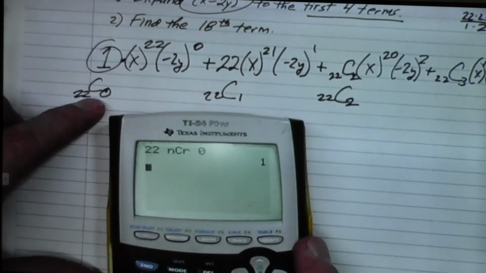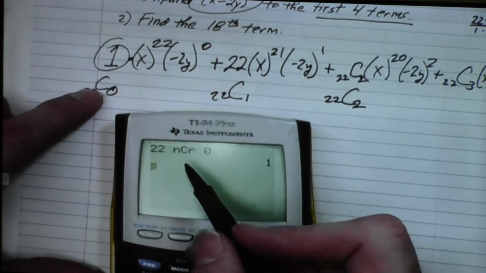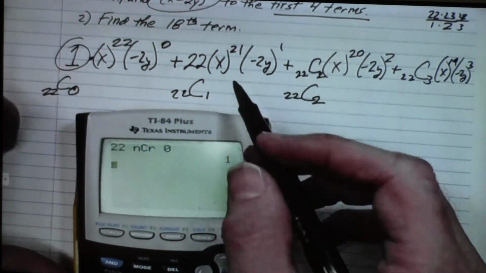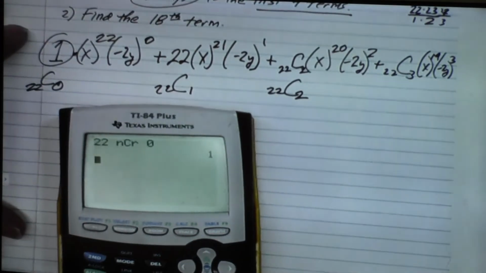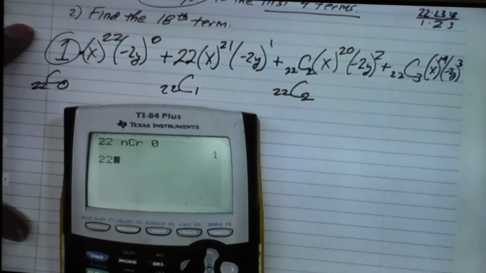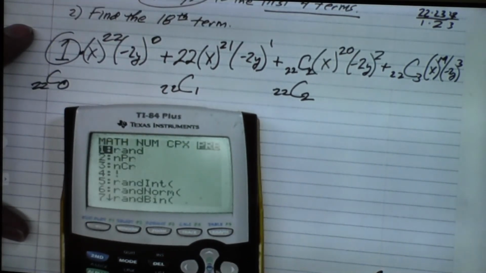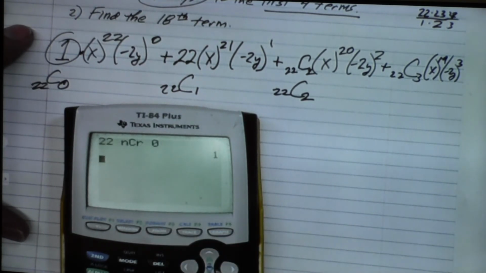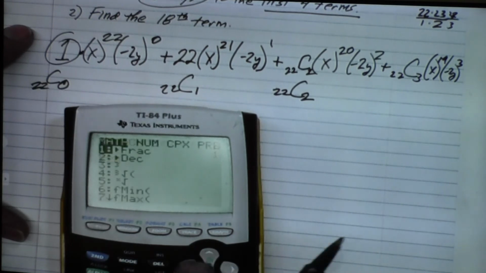So like this one, the 22C0 gives you a 1. So 22 is easy, let's do it with this one. 22, going to probability. Whoops, I pressed my hand, I should have pressed that. 22, that.